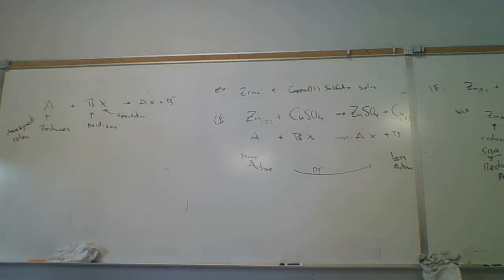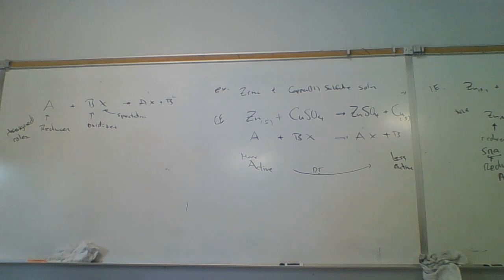So we're going from a stronger oxidizing agent, which we'll call OA, for oxidizing agent, to a less active oxidizer. Copper 2 is a more powerful oxidizer than zinc 2, so this is going to a weaker oxidizer. So we're going from stronger reducing agent, stronger oxidizing agent, to weaker oxidizing agent, weaker reducing agent. This is a driving force.